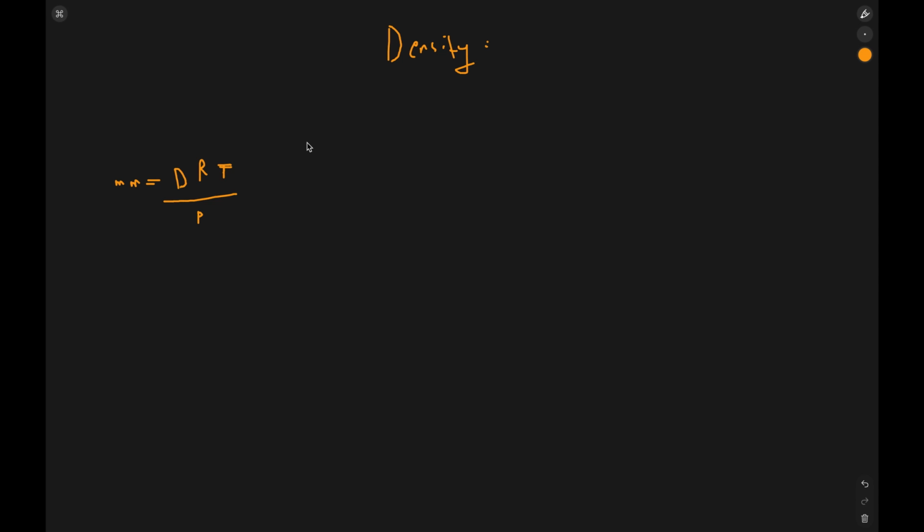So yeah, if you're trying to figure out the density of, let's say, oxygen, right, at, let's say, 0 degrees Celsius and at 2 atmospheres, right, oxygen, which is 32 grams per mole, is the molar mass, and 0 degrees Celsius is 273 Kelvin.